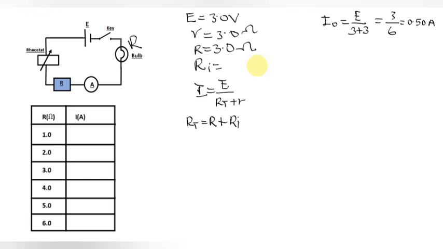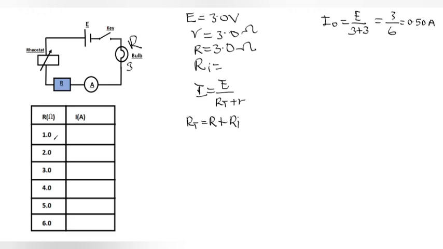Now the next thing I have to do is to get the current when I unplug this: 1 ohm, 2.0 ohm, 3.0 ohm, 4.0 ohm, 5.0 ohm, 6.0 ohm, okay? So let me unplug all of that now. So when I unplug 1, now my total resistance becomes what? 1 plus the resistance of the bulb, which is 3, that's 4.